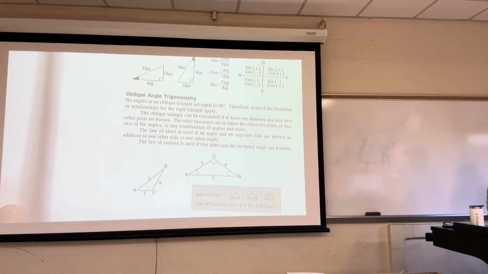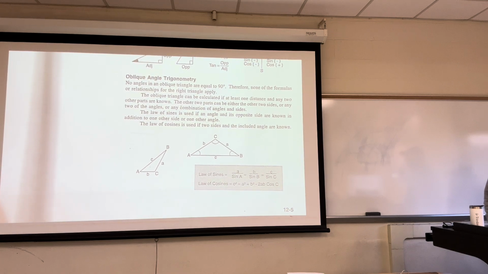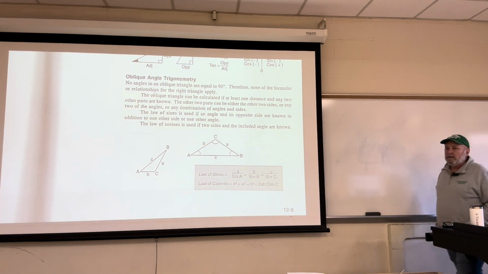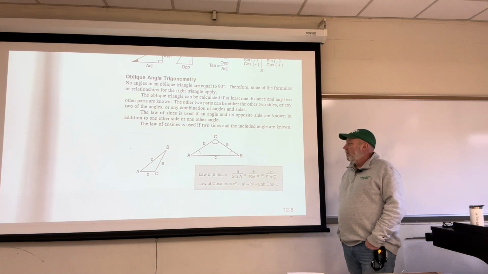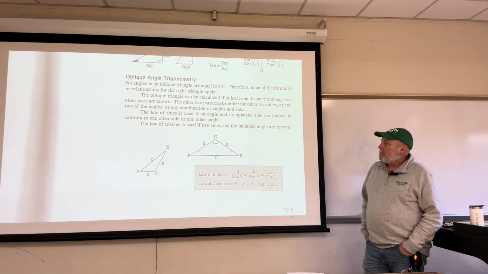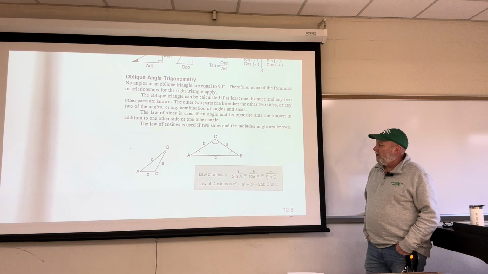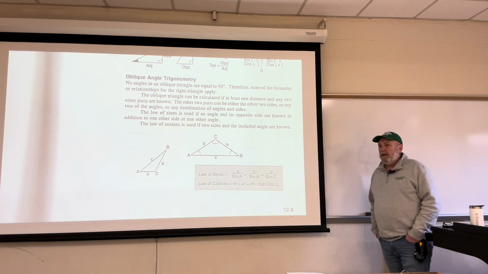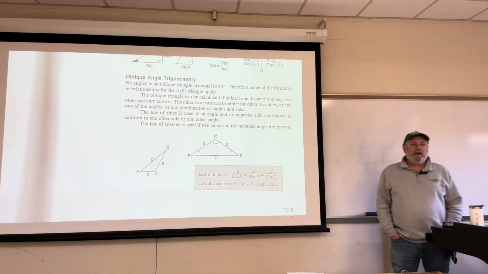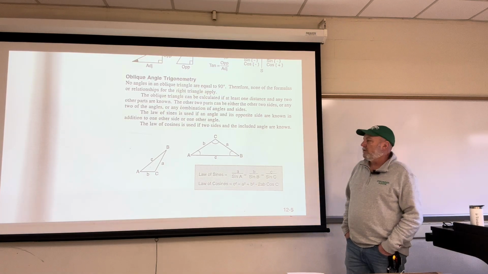Now, some things we will get into here would be oblique, non-90 degree triangles. What we have is the law of sines and the law of cosines. Depending on what kind of values you have, you can calculate pretty much every other part of the triangle.